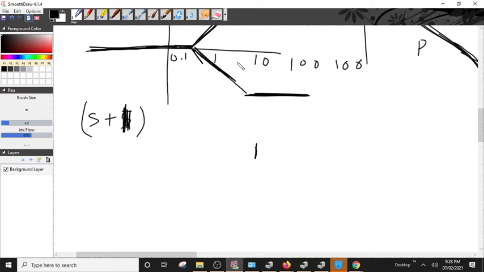If we have a 1 here, the previous decade value is 0.1, and the next decade value is 10. So our plot will start at 0.1 and end at 10 for the break frequency of 1. If our break frequency is 10, then the plot will start at 1 and end at 100.